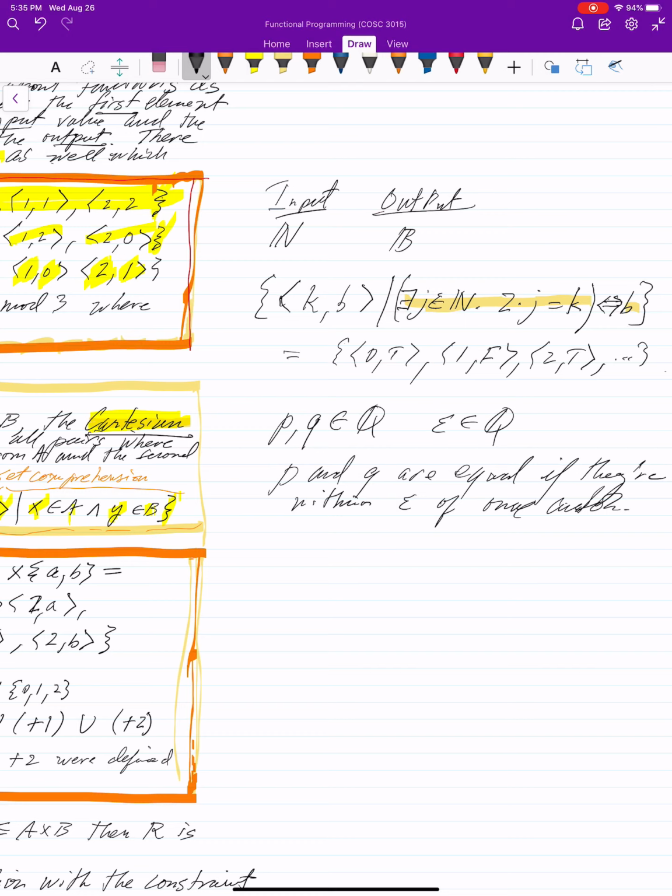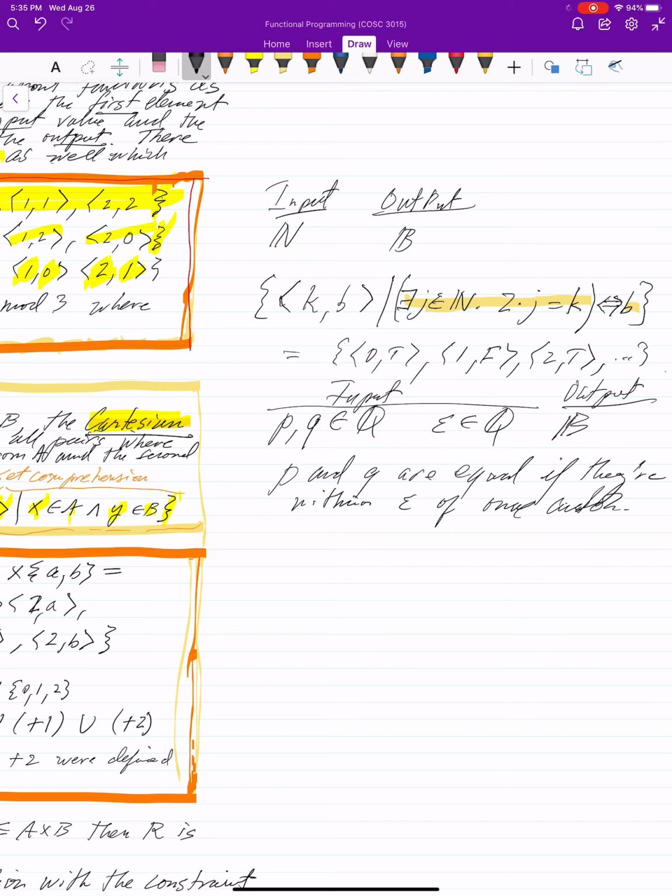So this has a lot of inputs. We want this to turn out that this is the input, and the output is going to be a Boolean value, true or false.